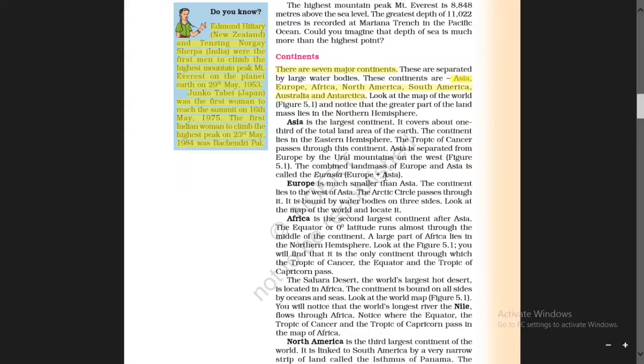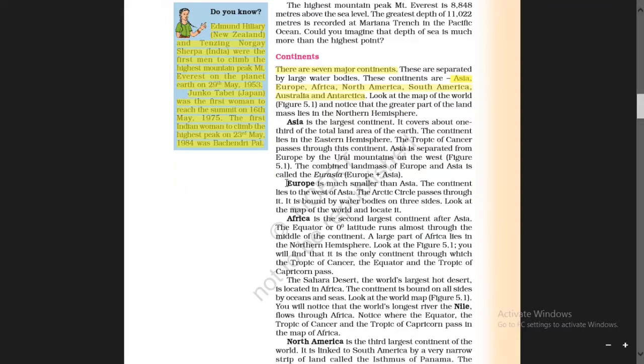Europe plus Asia. So Asia is the largest continent, children. Among all the seven continents, our Asia is the largest. It covers about one third of the total land area of our earth. Our Asia lies in the eastern hemisphere.